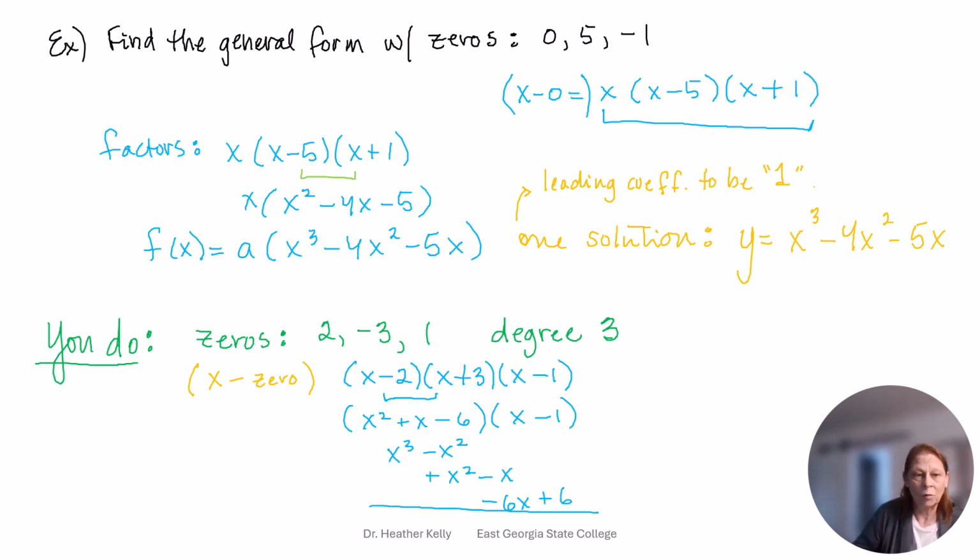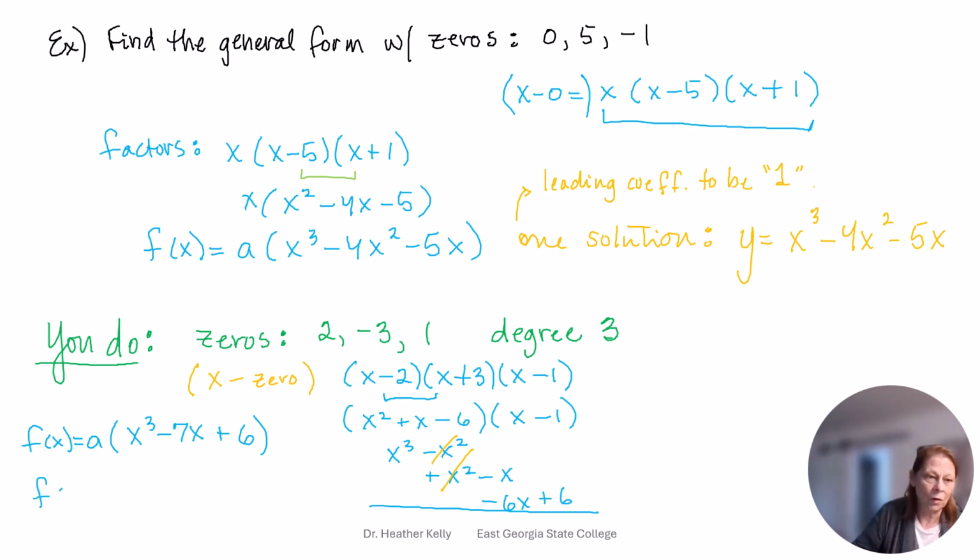Clean that up. I'm going to write it over here. Looks like we have f of x is equal to a times, let's see, x cubed. Looks like these x squares cancel. Plus and minus 1, so then minus 7x plus 6.